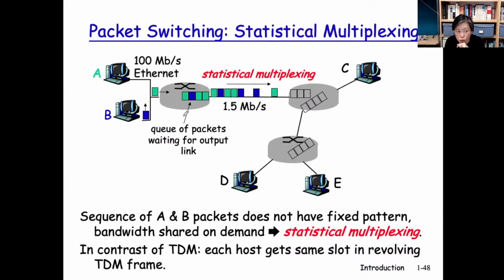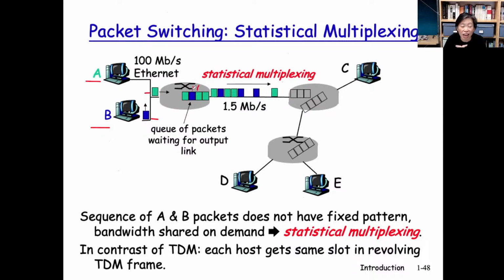This slide is to illustrate congestion. The scenario is A and B, two users generating packets, A generating green packets and B generating blue packets. These packets are generated as user A and user B are typing things up spontaneously. So green and blue will bunch up or multiplex in a random order.